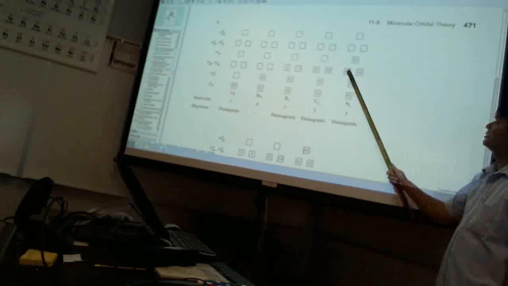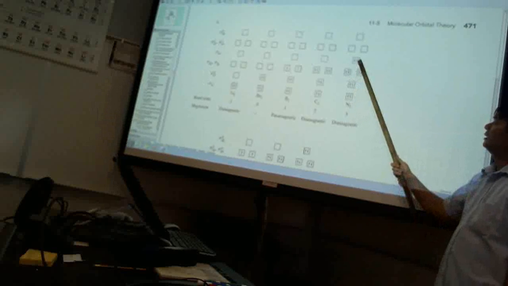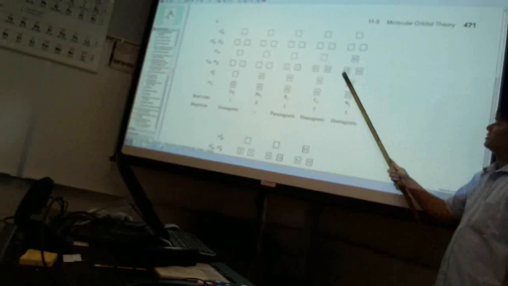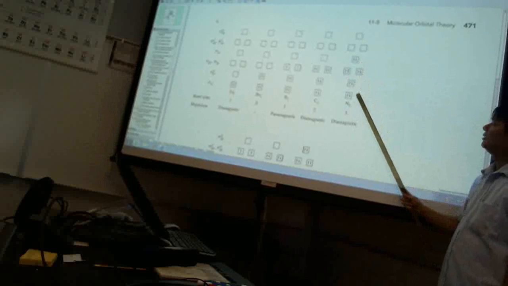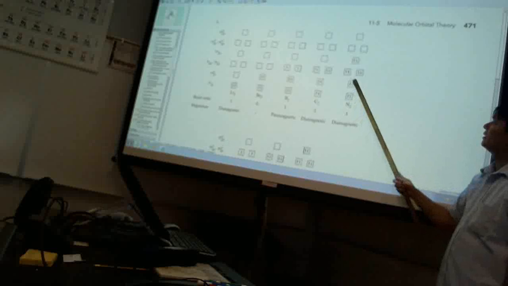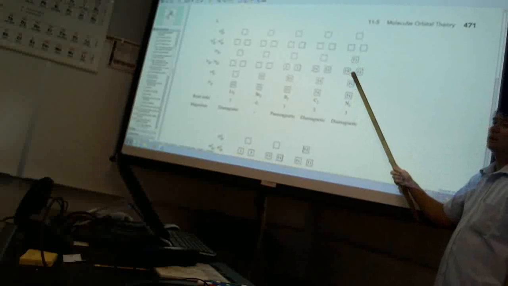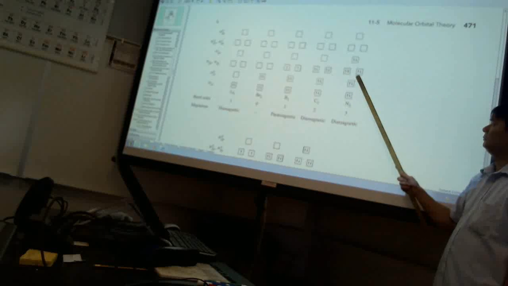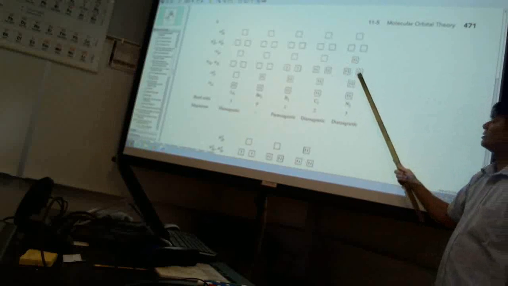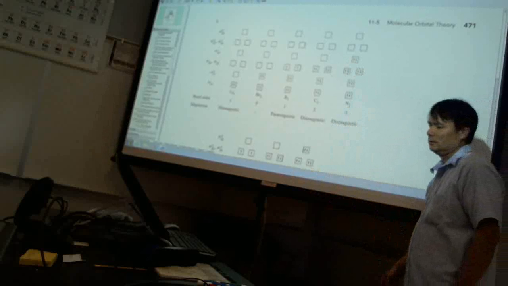So 2, 4, 6, 8, 10 electrons here. Diamagnetic because there are no unpaired electrons, and bond order, okay, this cancels this. That leaves us with 3 pairs of bonding electrons, which is a triple bond.